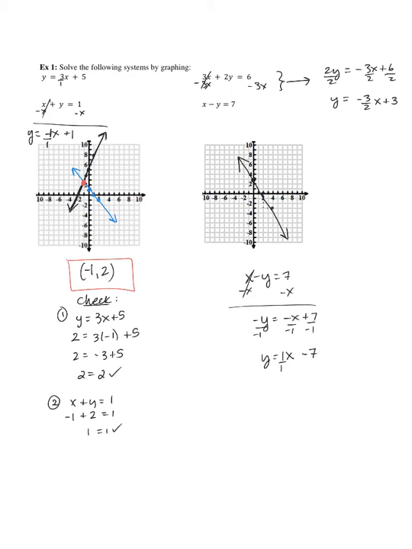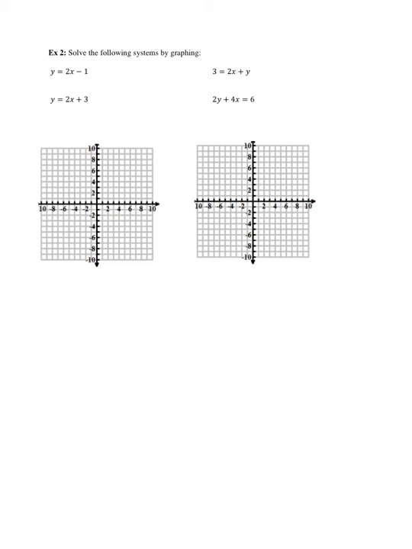Here we'll do our y-intercept of negative 7, and then our slope goes up 1 over 1. And it looks like that is my point of intersection right there at 4, negative 3. And we're done. I'm going to show 2 more examples.